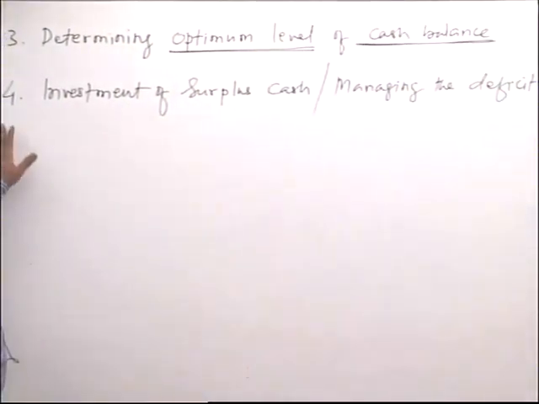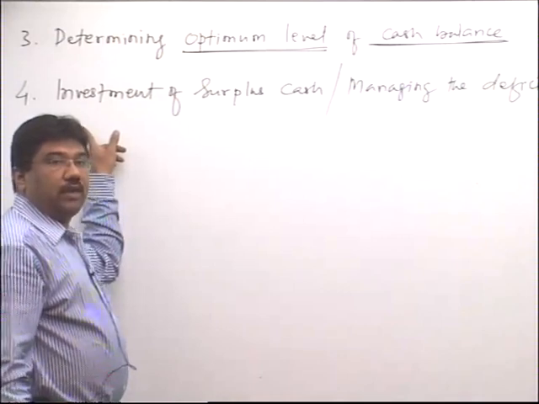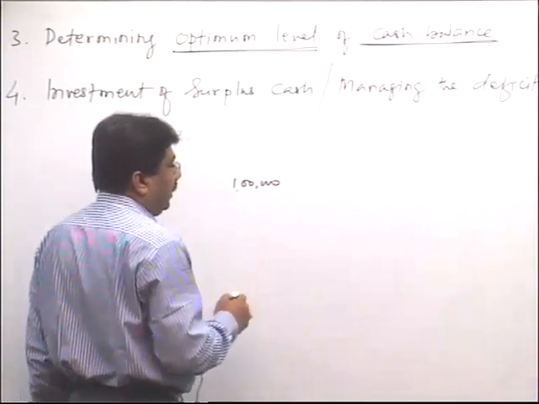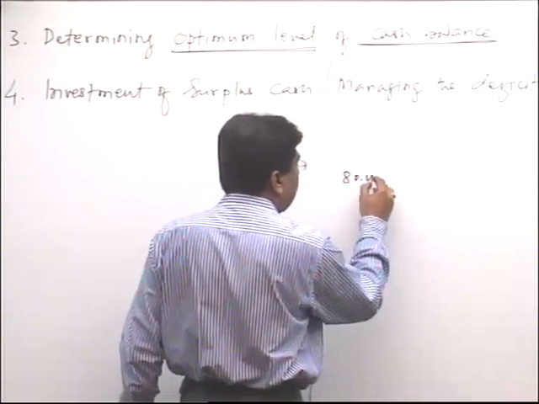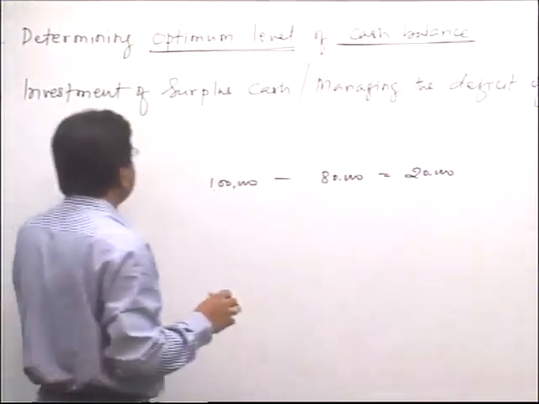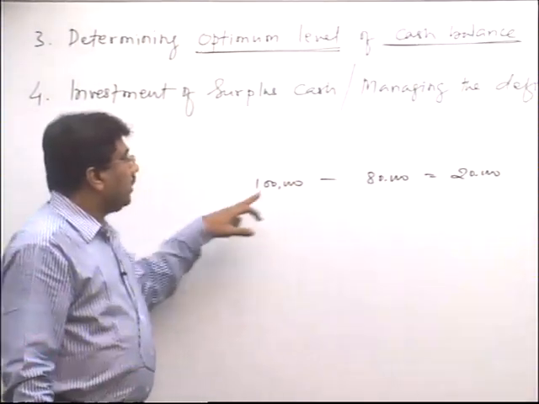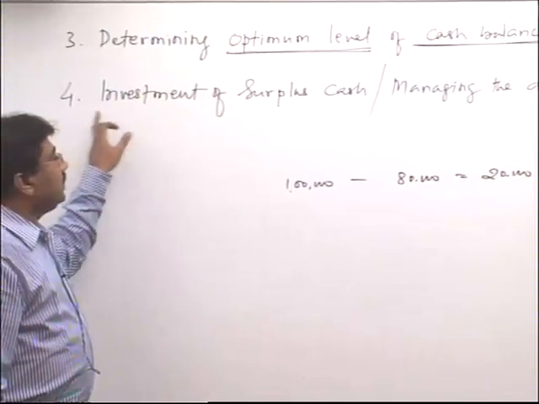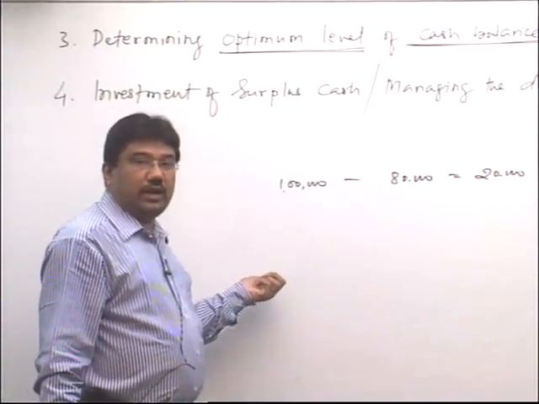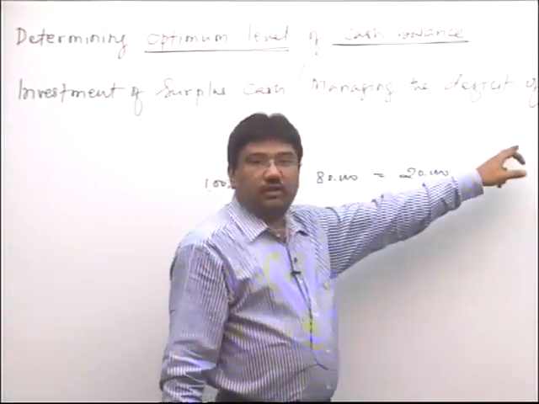The fourth strategy of cash management is, if your actual cash on hand is more than the optimum cash balance. Suppose our actual cash balance is 1 lakh and the optimum cash balance is 80,000 rupees. Then the surplus of 20,000 rupees we must invest. Same way, if the actual cash balance on hand is less than the optimum cash balance, then you have to manage the deficit of cash.